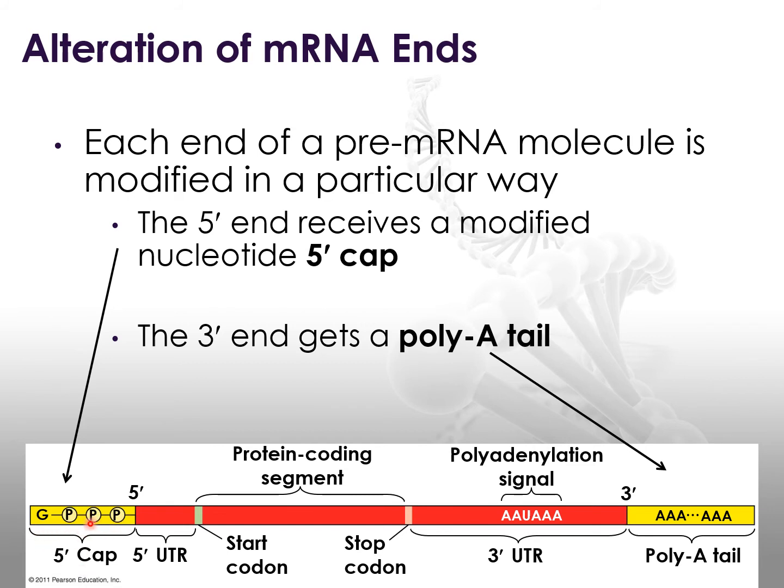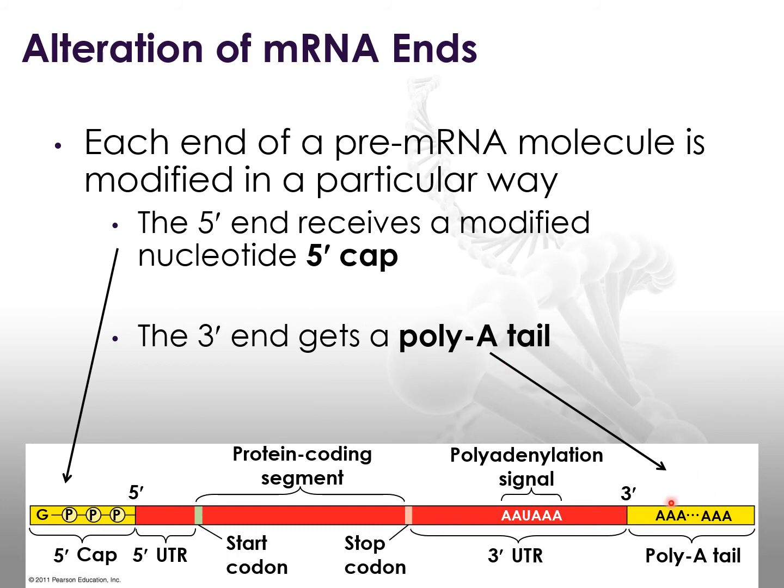So here the phosphates are directly attached to the 5' end of the pre-messenger RNA, and the guanine hangs at the end. Normally it wouldn't be attached in this manner. However, this is the 5' cap, and this has a number of functions. It helps protect this end and helps the ribosome recognize where to bind on what would be the messenger RNA once it's done being modified.